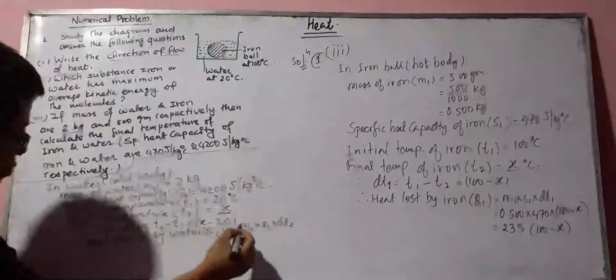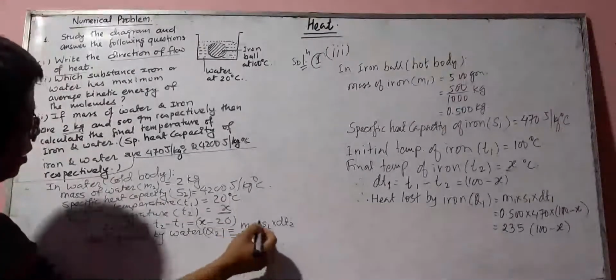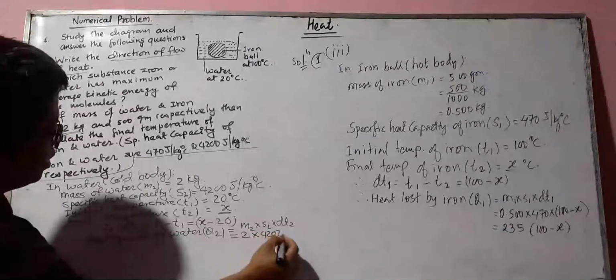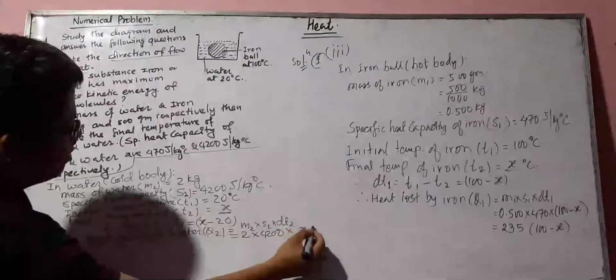M2 is 2, S2 is 4200, and dt is X minus 20.